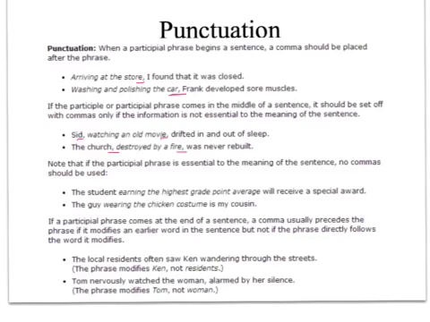However, if it is essential, notice there are no commas around it. And lastly, if the participial phrase comes at the end of the sentence, a comma usually precedes the phrase if it modifies an earlier word. So like here, Tom being alarmed. But if it's modifying a word that comes right before it, there isn't a comma.